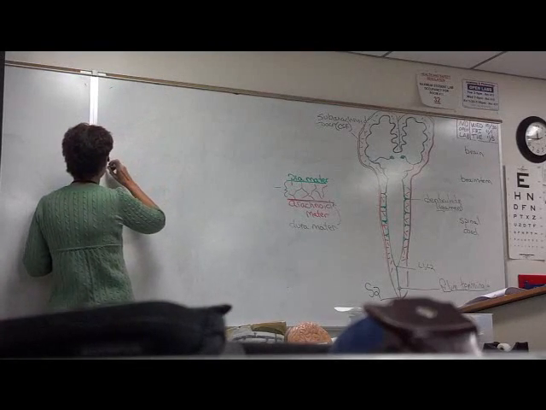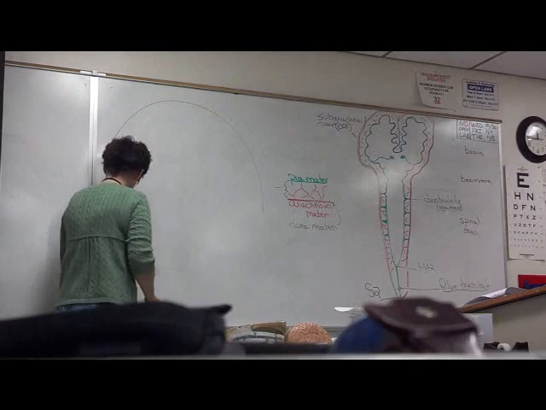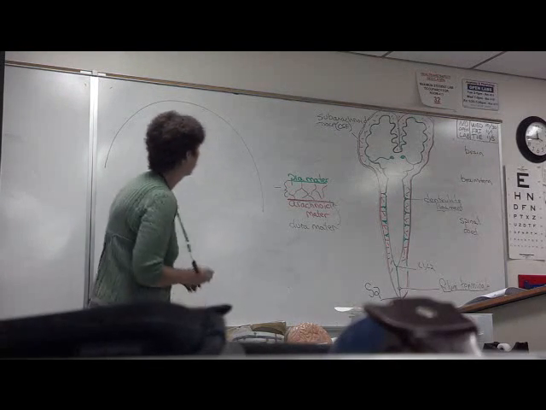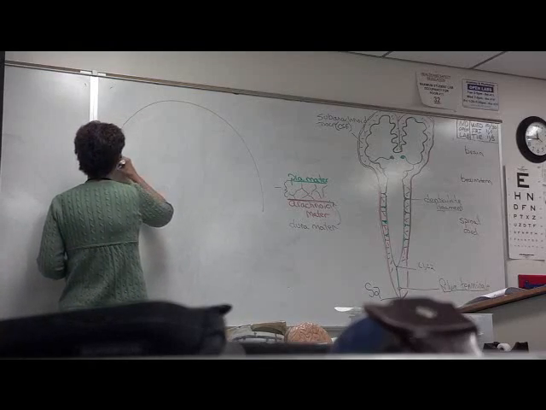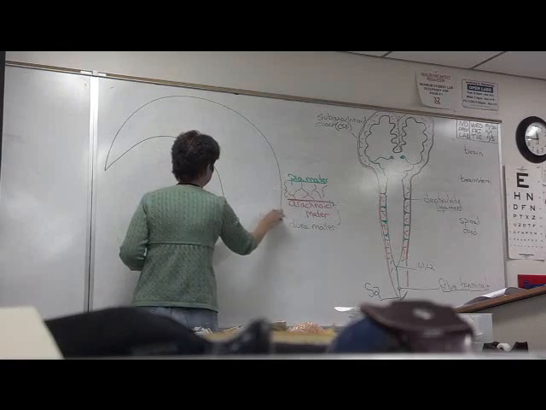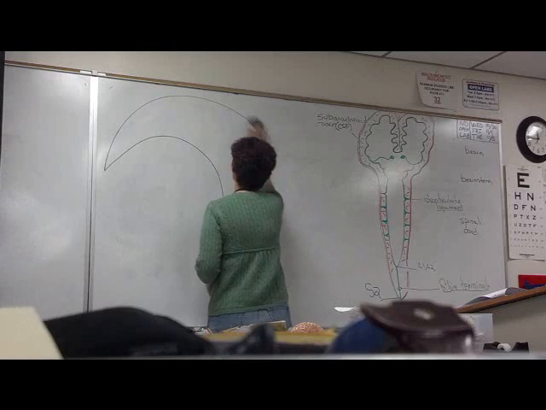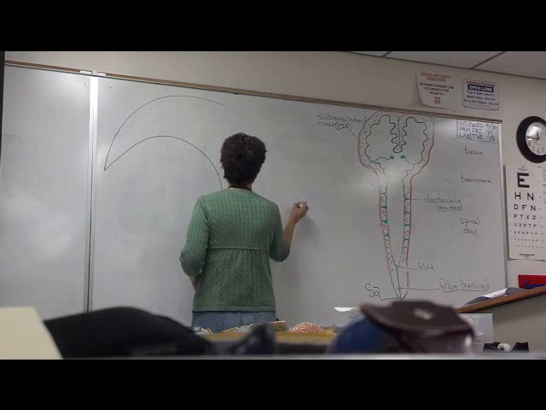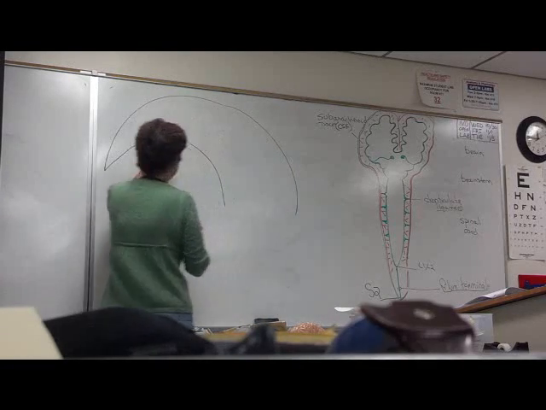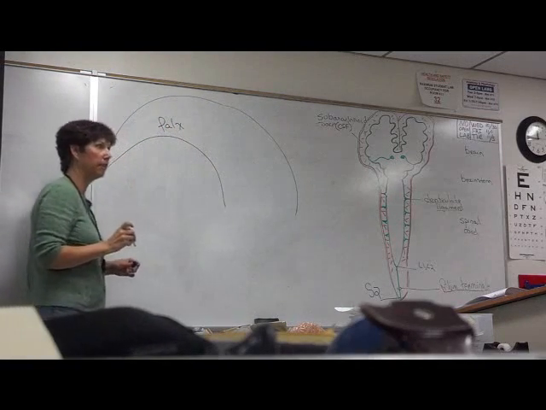So as we look at this structure from anterior to posterior, it has this C shape. And this is known as the falx, which does not mean false.